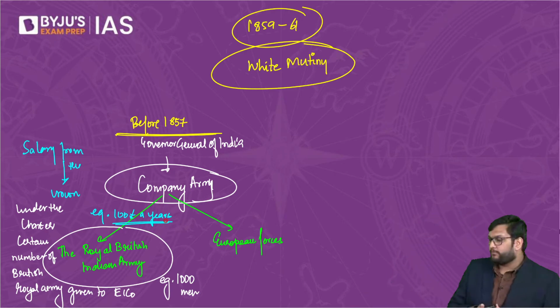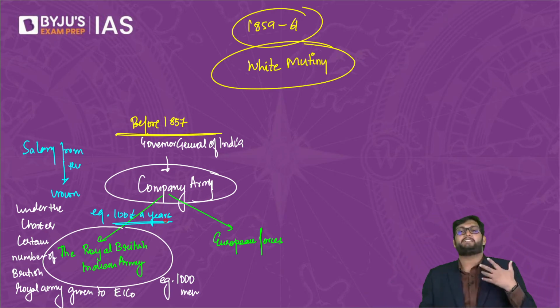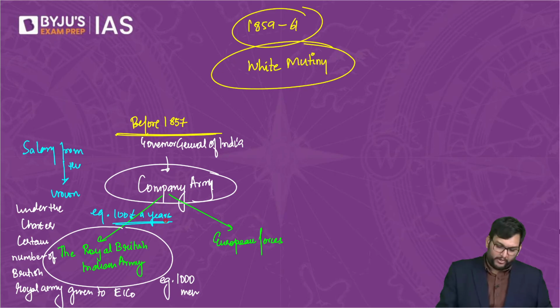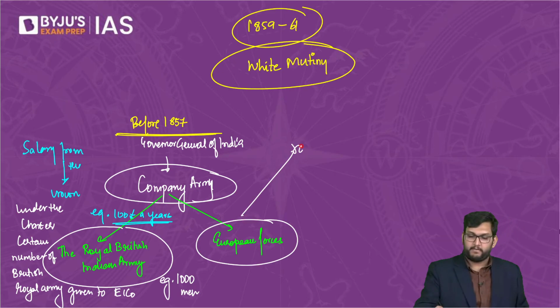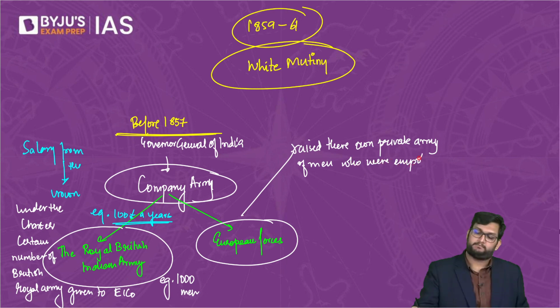However, do you think that the British can survive in India with 1,000 men? No. So what they did was that they raised their own private army of men who were employed under the East India Company.